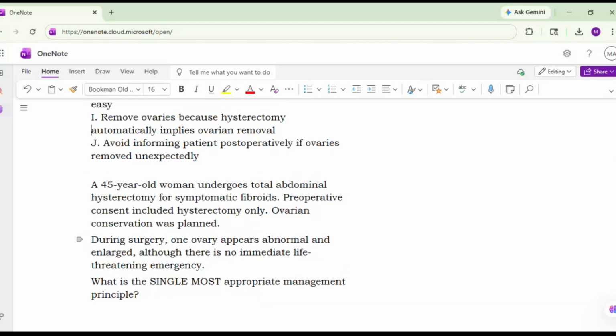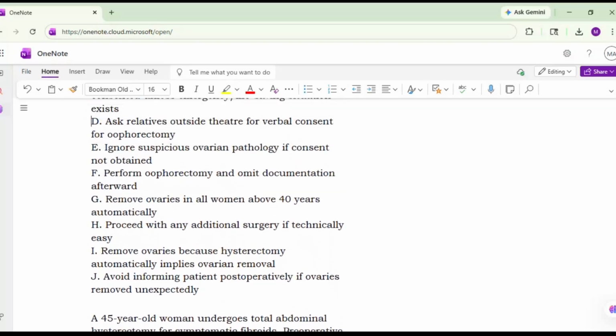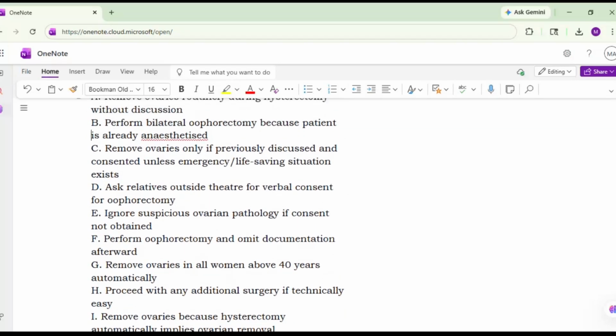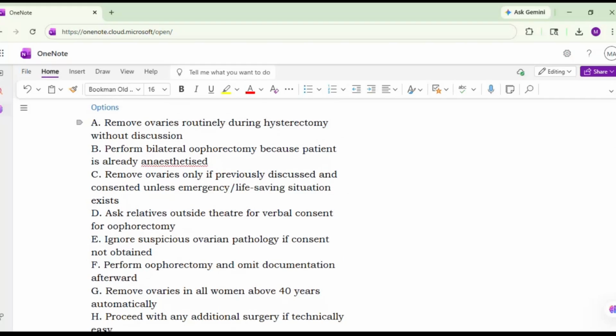Can I see the options now? Yes. Not the complete ones. I can see only up to H, not below that.